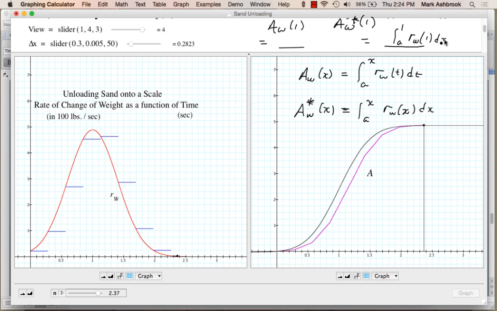So how is it going to accumulate from a to 1? Is it going to accumulate according to little constant rates all through here up to 1? Yeah, what is it going to do?